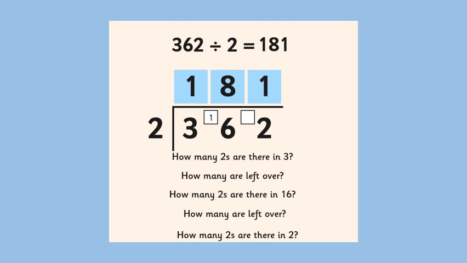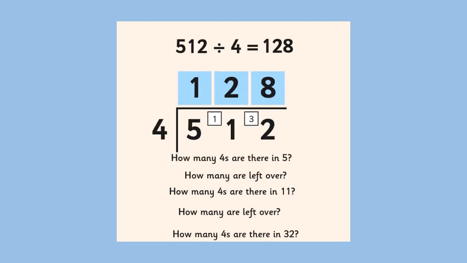So the last step is to see how many groups of 2 there are in 2. And we know 2 times 1 is 2. There's one group of 2 in 2. Therefore, 362 divided by 2 equals 181. Pause and look through these steps once more.